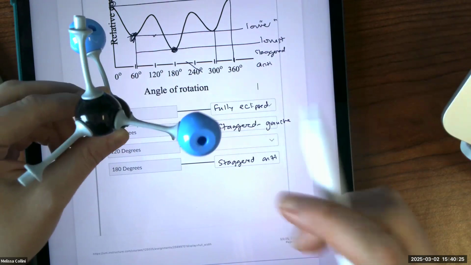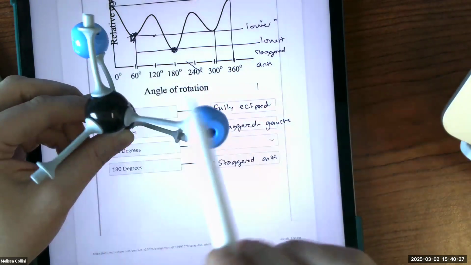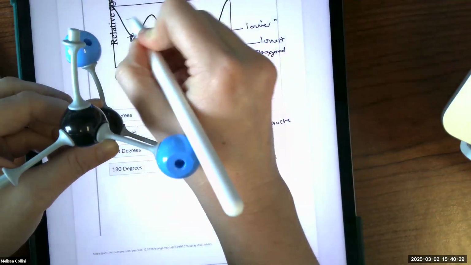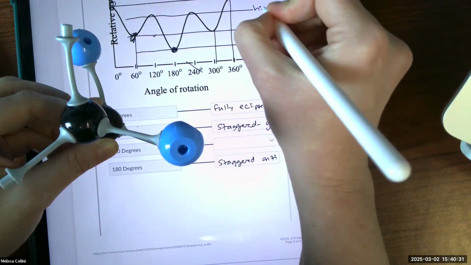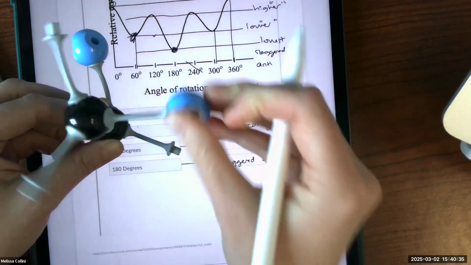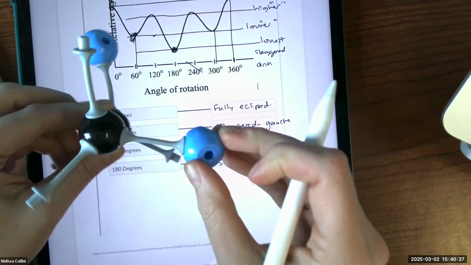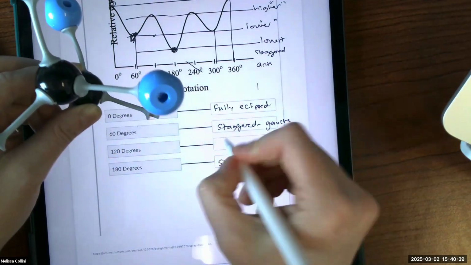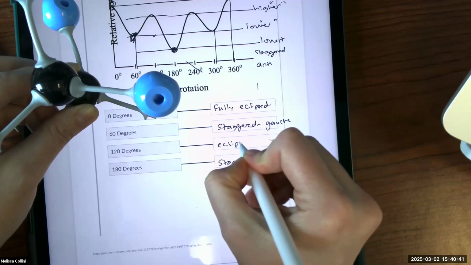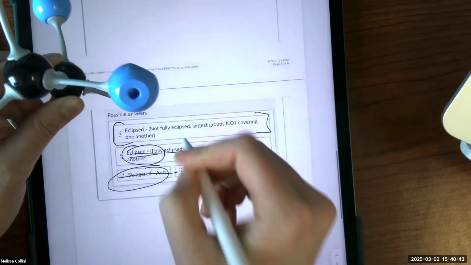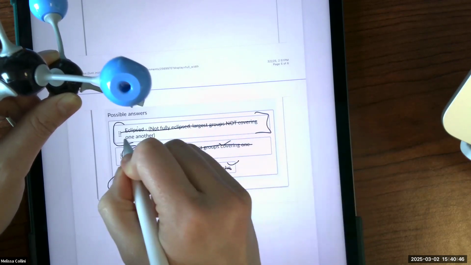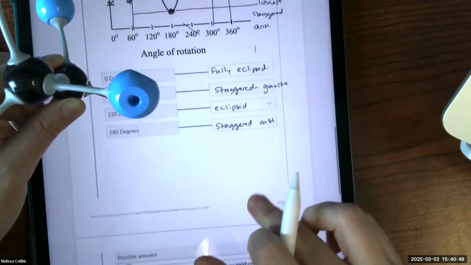Then if they're laying right on top of each other, but it's not the two biggest groups on top of each other, that's higher in energy, but it's not the highest. The highest is the one we started with up here. So this would be eclipsed, but not fully eclipsed, where the largest groups are not covering one another.